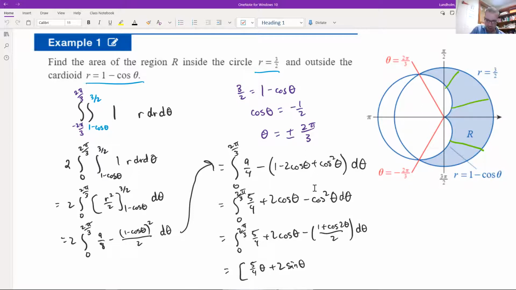And here we would have, you know what? I should have split this up. Yeah, I could have split this up because this is just 1/2. I could have made this into 3/4. I'm going to do it now. Sorry.